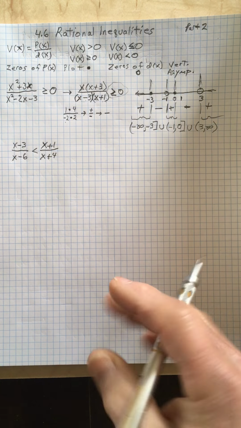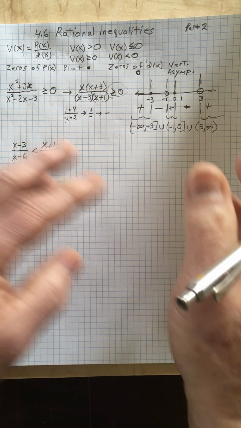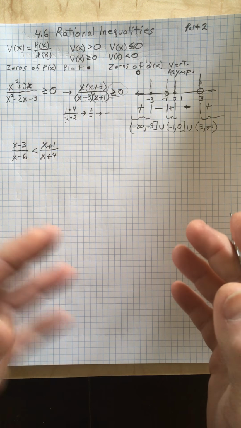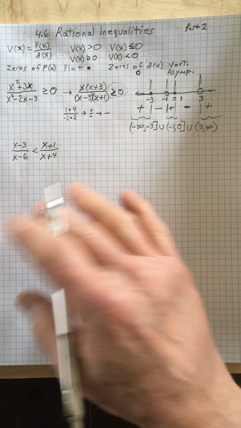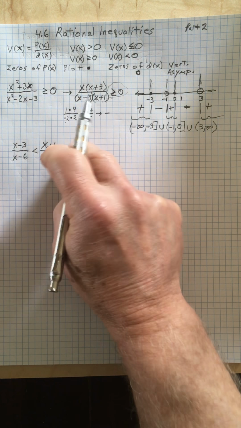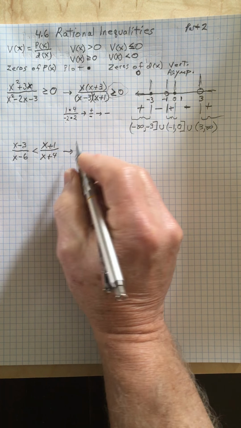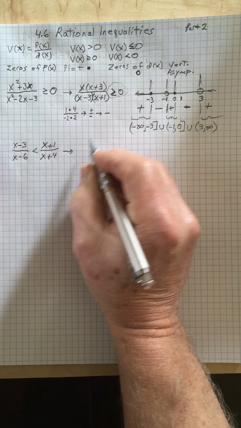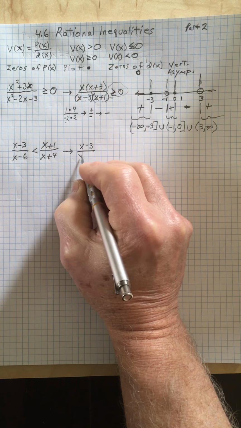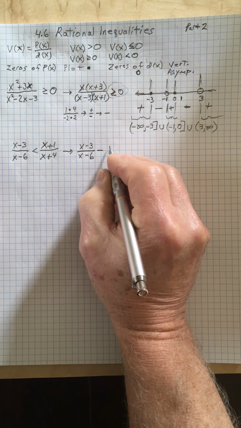Okay, just like with the polynomials, you have to move everything to one side and have an inequality with 0. So it doesn't matter which way you do this. I could subtract this over here, I could subtract this over to this side. You're going to get the same answer either way. So what I'm going to do is I'll just subtract this over here. So x minus 3. Now if I subtract this whole thing from both sides, it'll look like this.